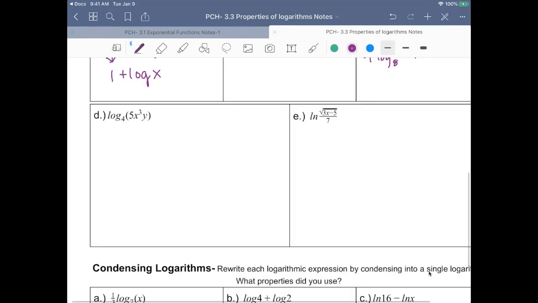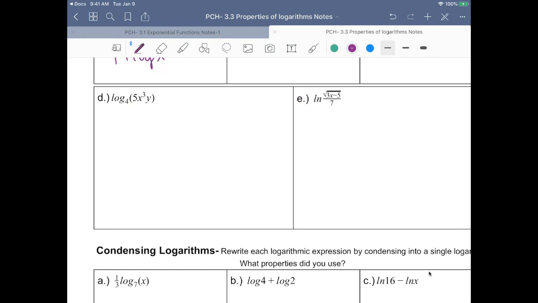All right, getting a little trickier. First, it looks like I'm going to use the product property because I have 3 factors multiplied together. So I'm going to do log base 4 of 5 plus log base 4 of x cubed, plus log base 4 of y.